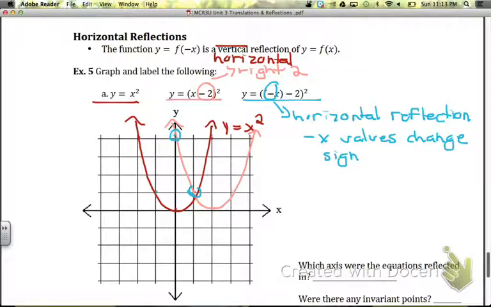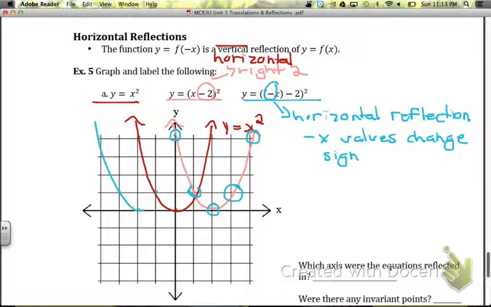So the only thing I'm doing is changing my x value. Our vertex here at (2, 0) is now going to be at (-2, 0). And our next point here at (3, 1) is now going to become (-3, 1). And our last point here that is at (4, 4) is now going to become (-4, 4).